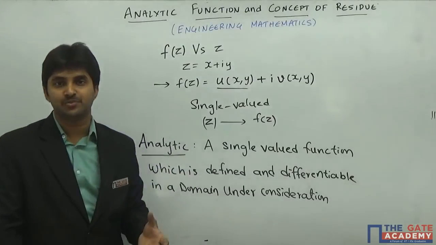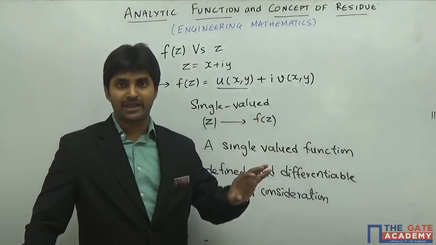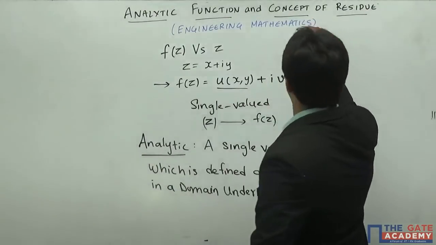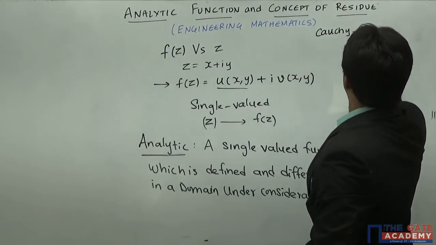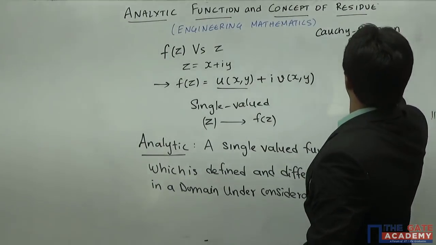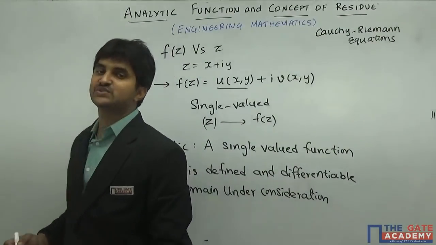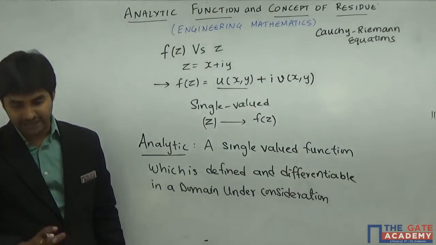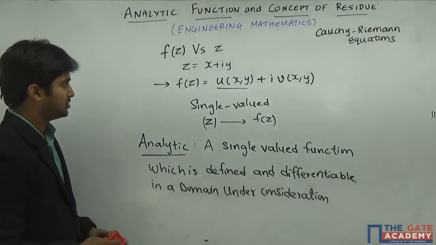We know about differentiability and continuity that we have learned in calculus, and we are going to apply that here and generate two equations that we call the Cauchy-Riemann equations. When these Cauchy-Riemann equations are satisfied, we say that the function is analytic in nature. So let us look at what the Cauchy-Riemann equations are.